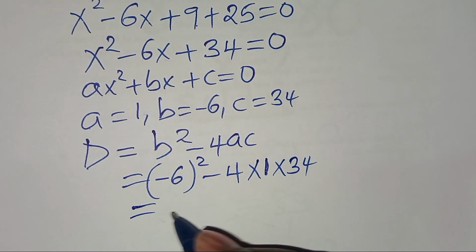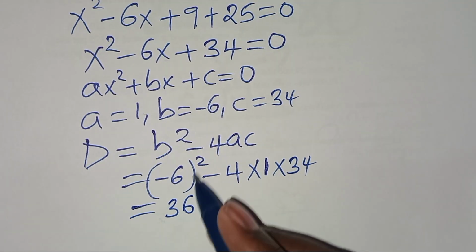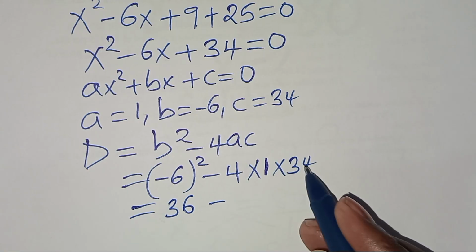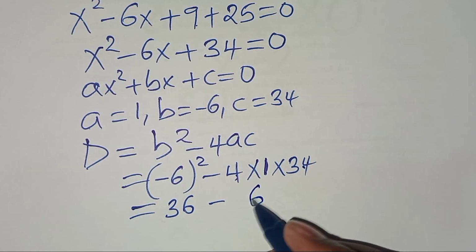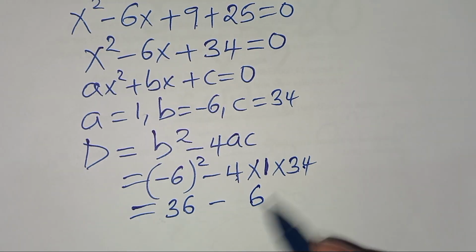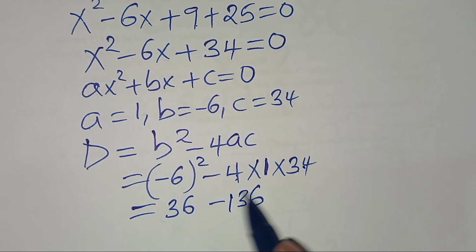So here we'll have 36 − 4 times 34, which is 136.